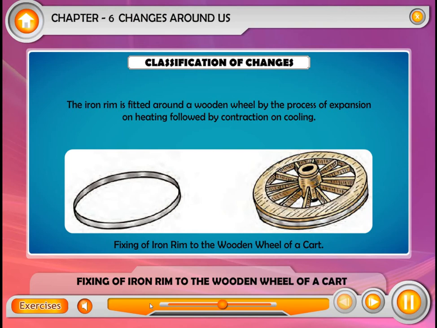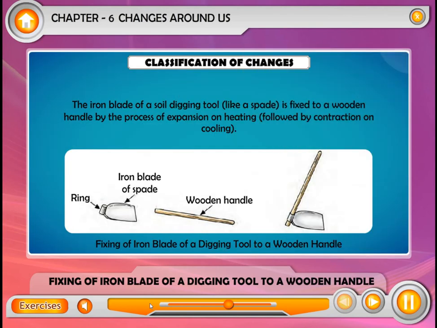The iron rim is heated uniformly by making a fire due to which it expands and becomes somewhat bigger in size. Being bigger in size, the hot iron rim is easily put around the wooden wheel. Cold water is then poured over the hot rim to cool it. On cooling, the hot iron rim contracts, becomes slightly smaller in size, and fits tightly onto the wooden wheel.